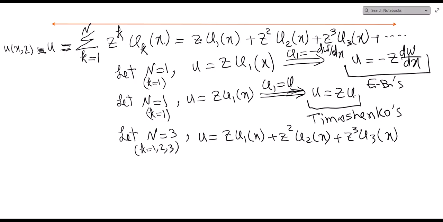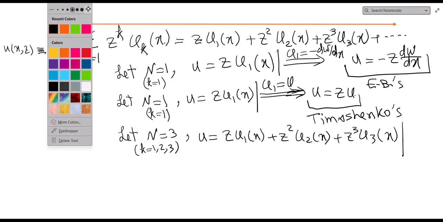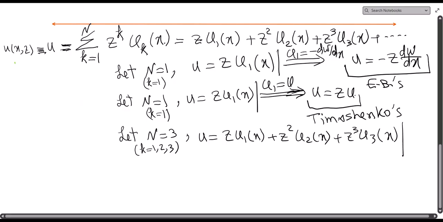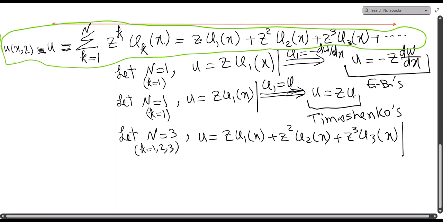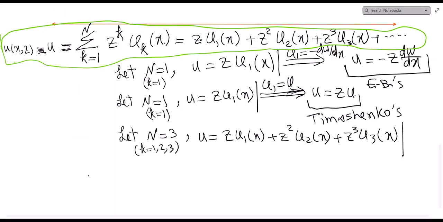No more dots because we stop here. We truncate it here. There is not an infinite series here, but this is an infinite series. If I draw a box here, this is an infinite series. But for each beam, we make some assumptions, and based on our assumptions, we get a finite series that gives me the function.